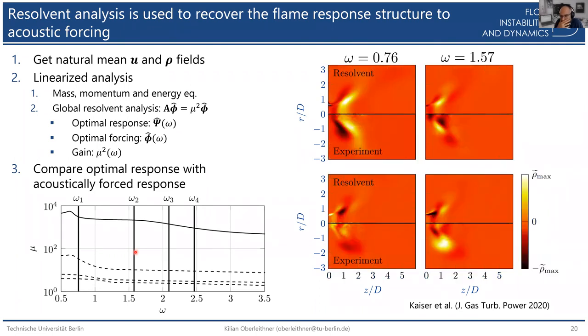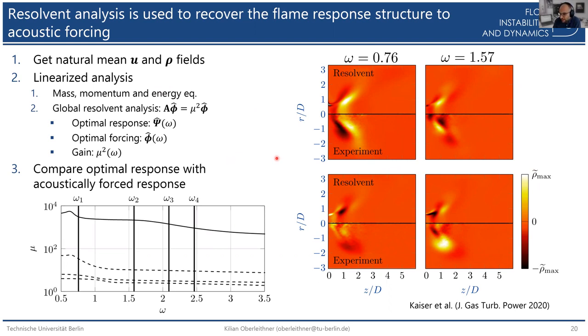And then we also made a comparison of our heat release. So since we are using the energy equation as well, we also have a fluctuating density field, and we can relate this fluctuating density field to the fluctuation of the heat release, which we recorded also in our experimental approach.